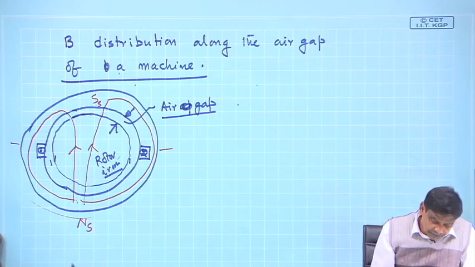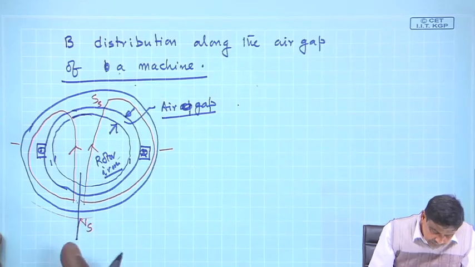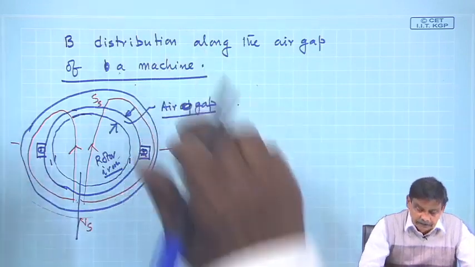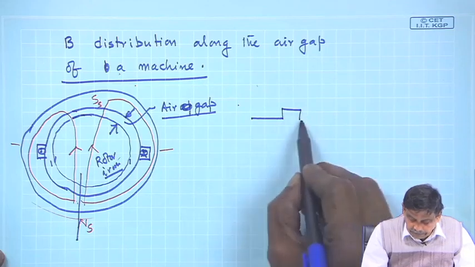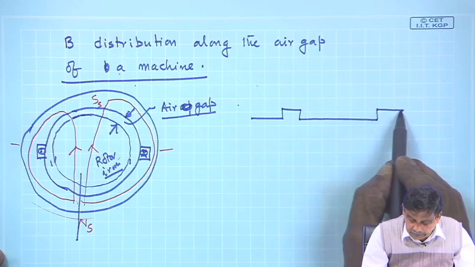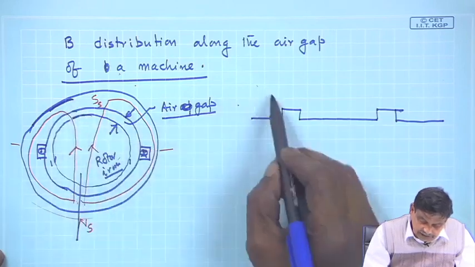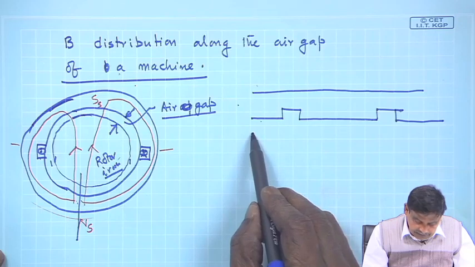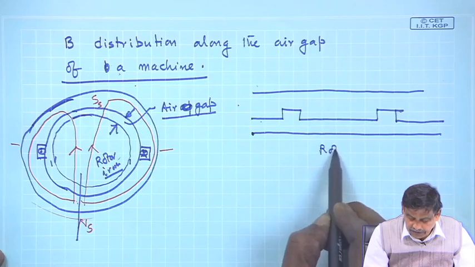So, first I will draw the developed diagram of this. I will cut it like this and spread it out in this fashion, so that you will get a picture like this. These two slots, and this outer thing is here, and here is the air gap, and this is rotor iron.